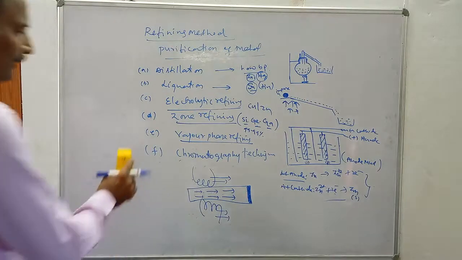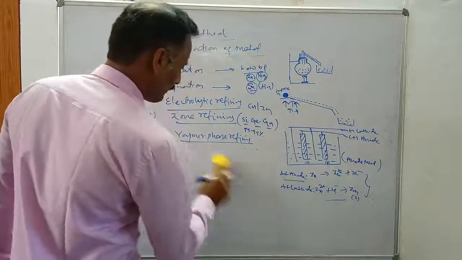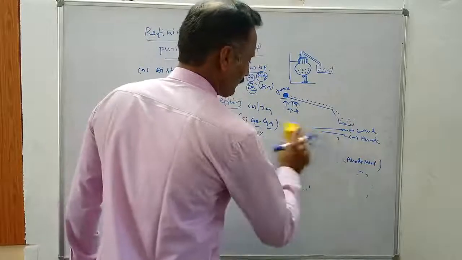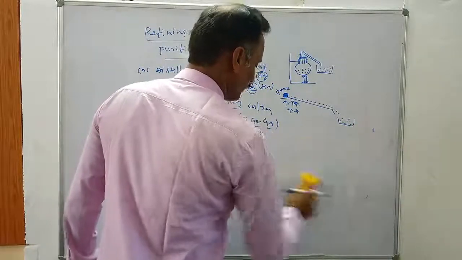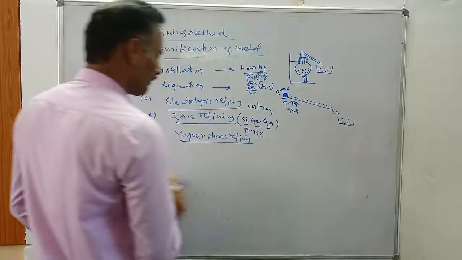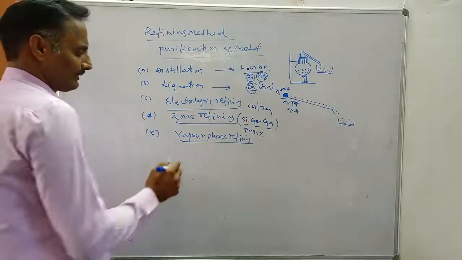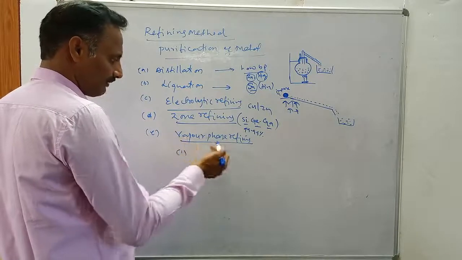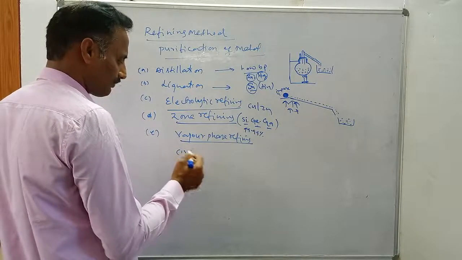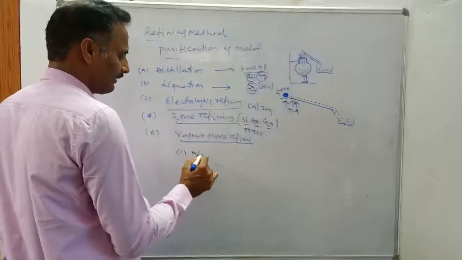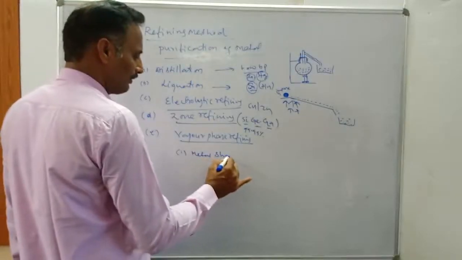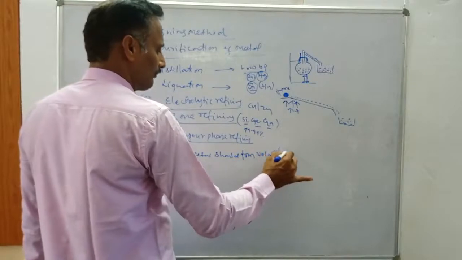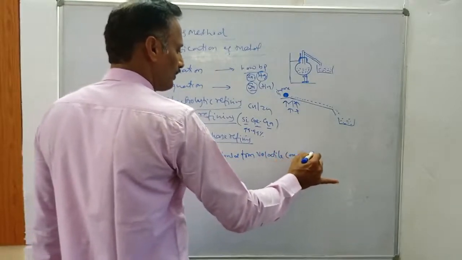In vapour phase refining, the metal to be purified should satisfy two conditions. One is that the metal should form an easily volatile complex at low temperature.